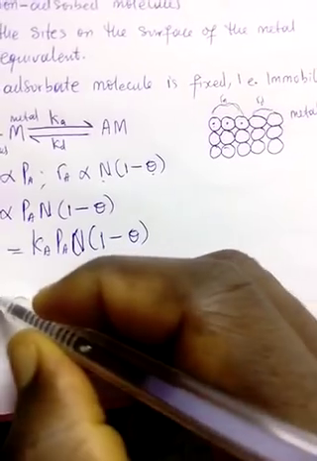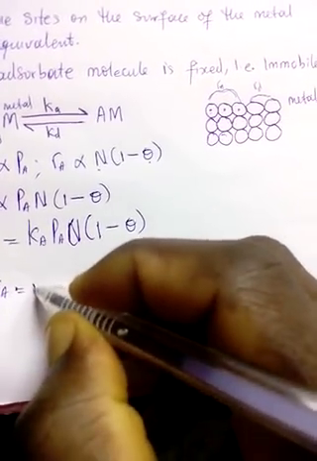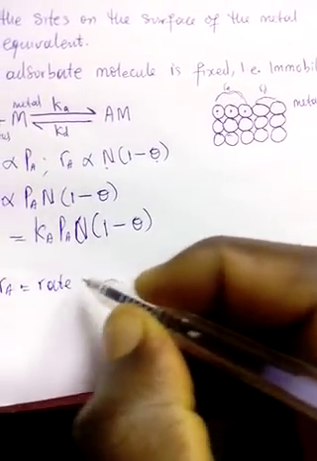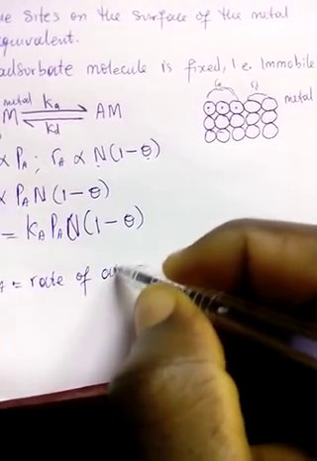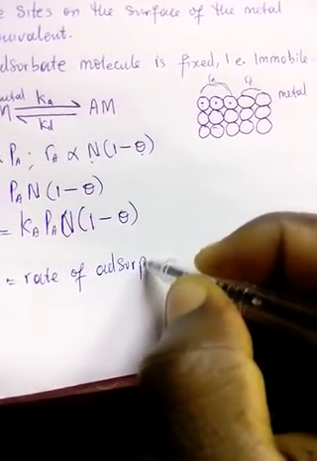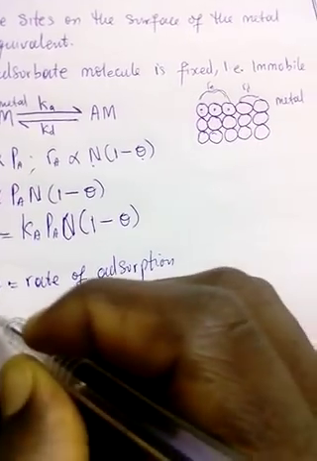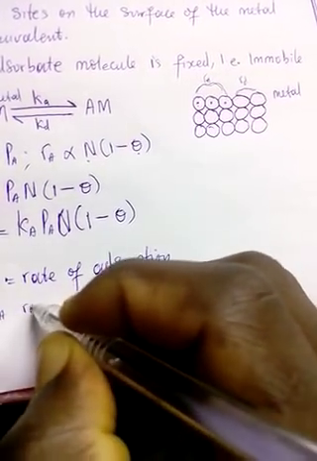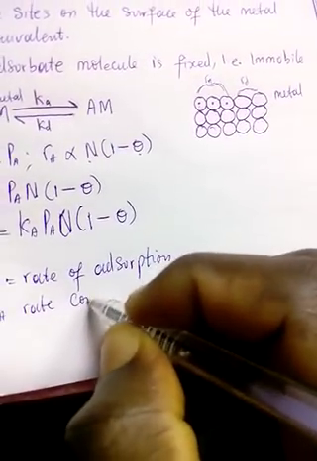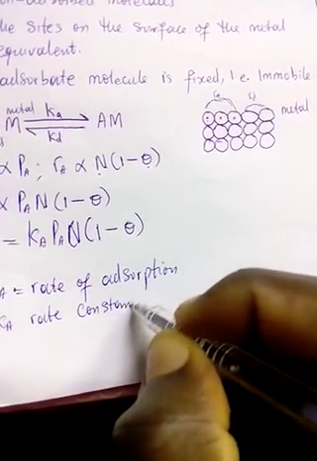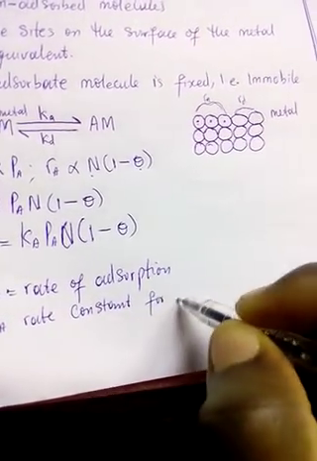RA, rate of adsorption. Ka, rate constant for adsorption.